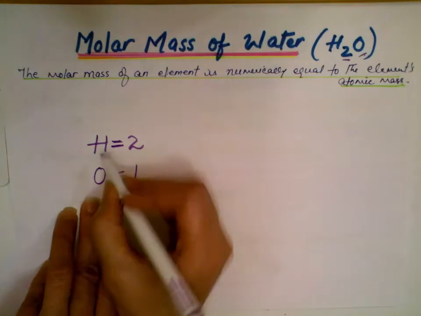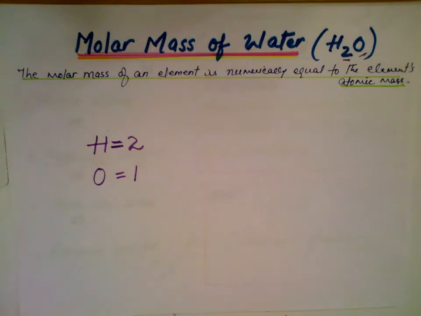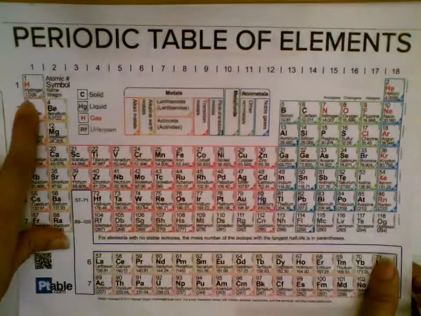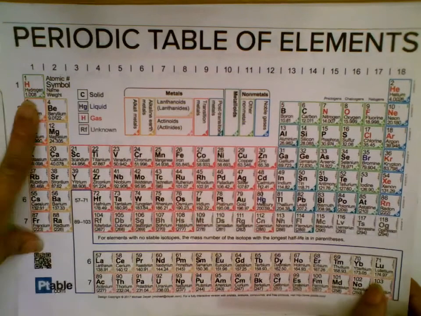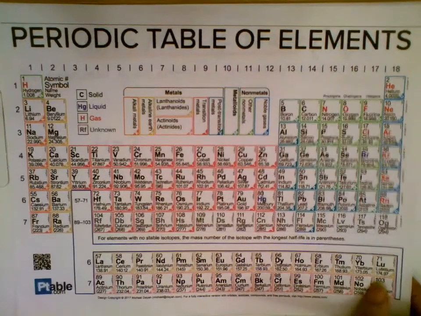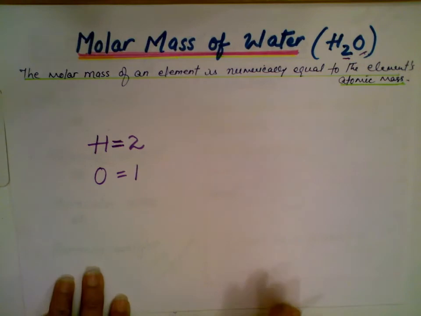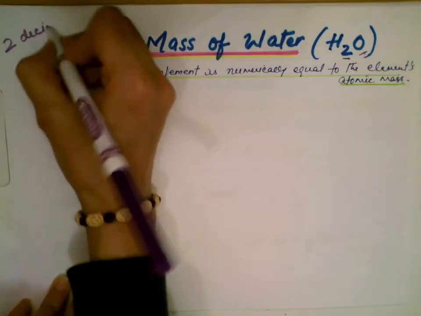When you look at the periodic table, the mass of hydrogen is 1.008. However, anytime you're working with the molar masses, I want you to round them off at the 100th place, meaning 2 decimal places.